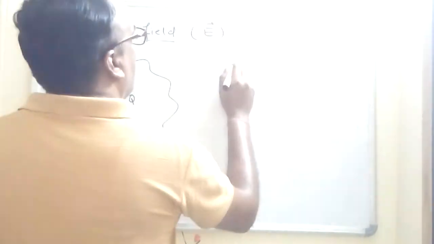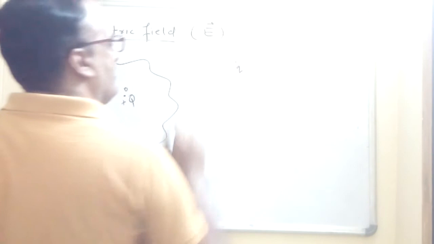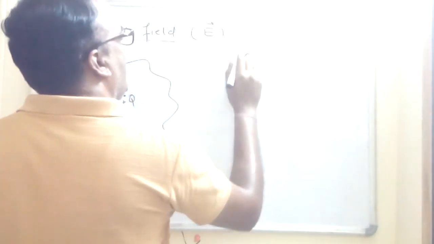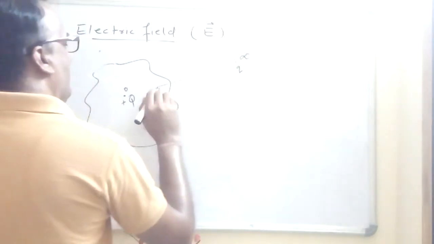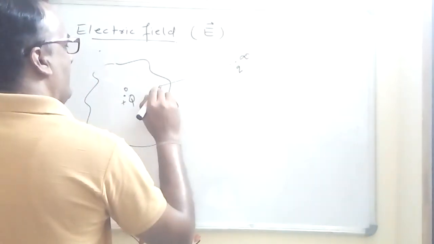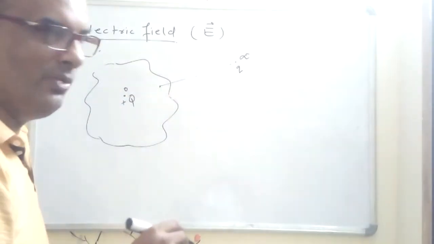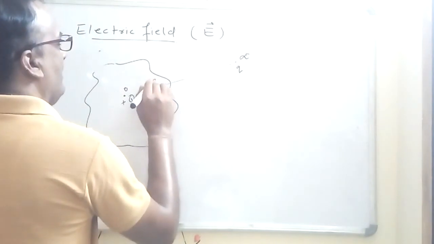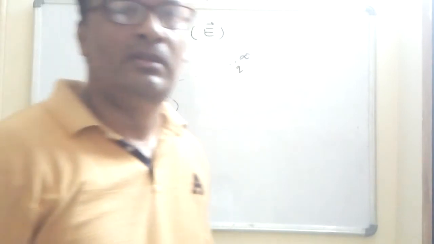When I bring a small charge q from somewhere, maybe from infinity, and when this q charge is somewhere inside this vicinity around this charge Q, at this point P, it will experience a force.